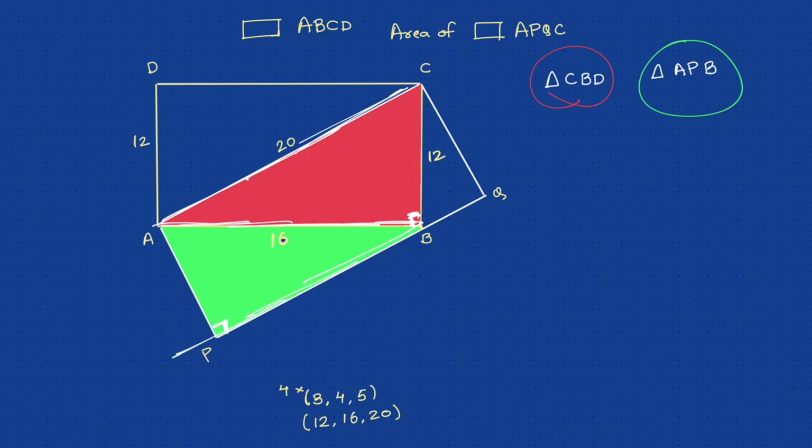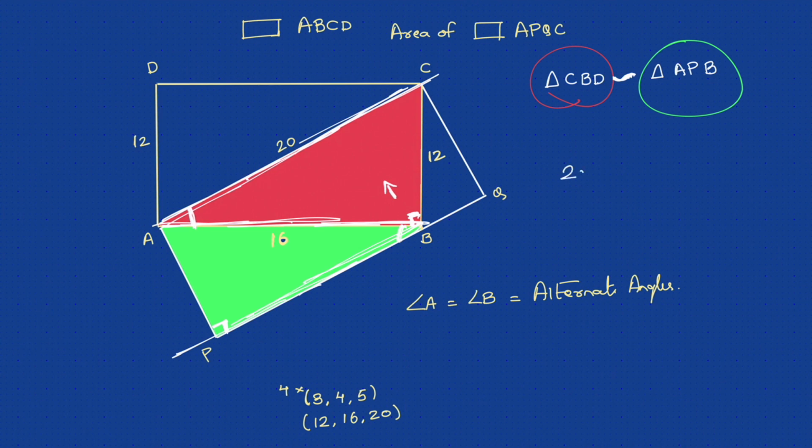Now I am forming a Z here. In the first chapter, lines and angles, we studied something called alternate angles. Now how do you form alternate angles? Just form a Z there. As soon as you get a Z, angle A will be equal to angle B. Why? Because they are a pair of alternate angles. That's it. So I proved triangle CBD and triangle APB are similar to each other.